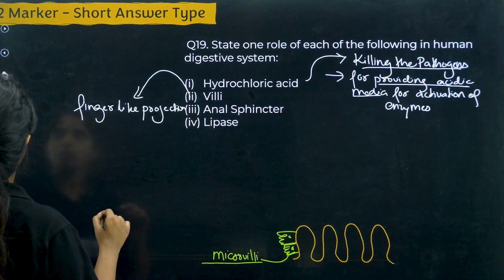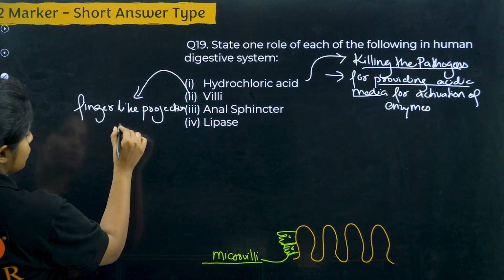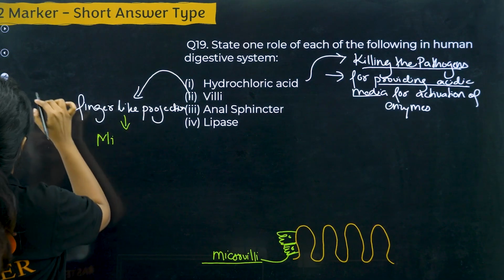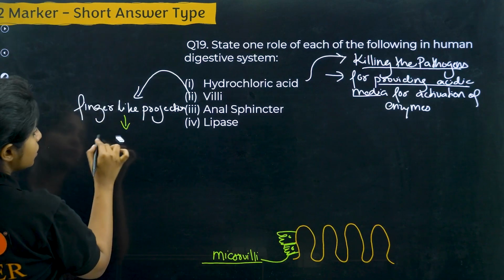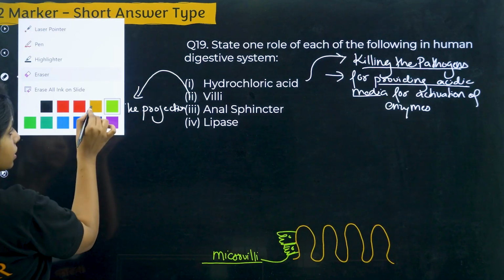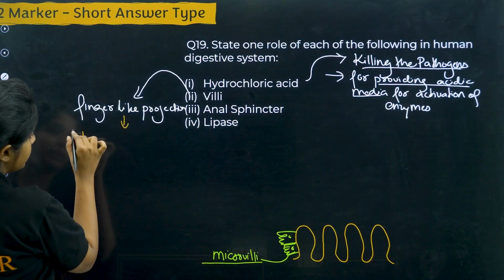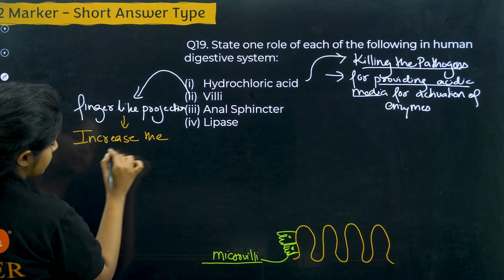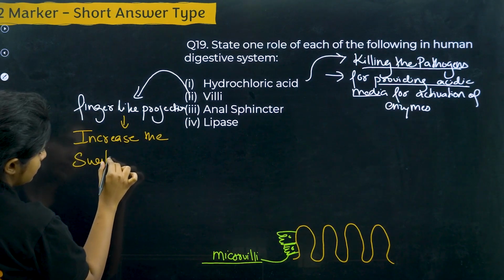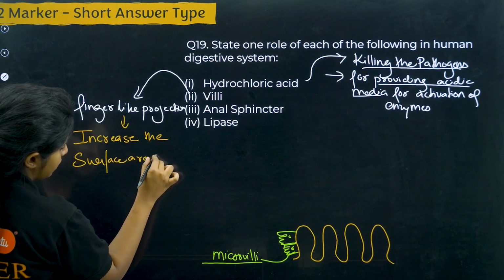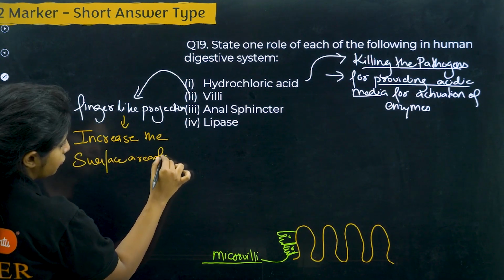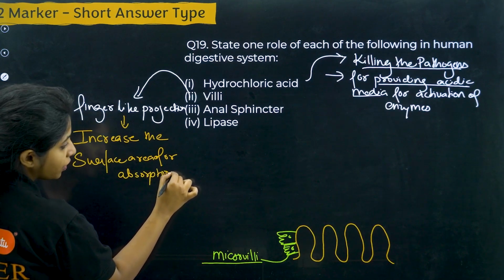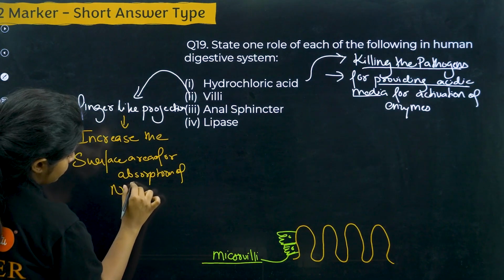So finger-like projections which are known as villi. What is its function? The function is to increase the surface area for absorption of nutrients.